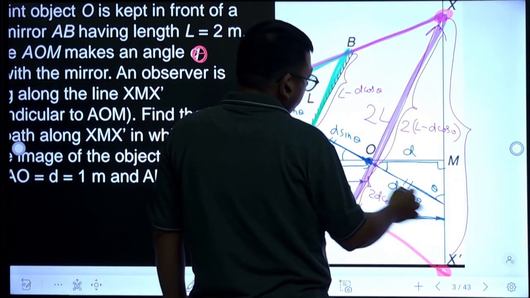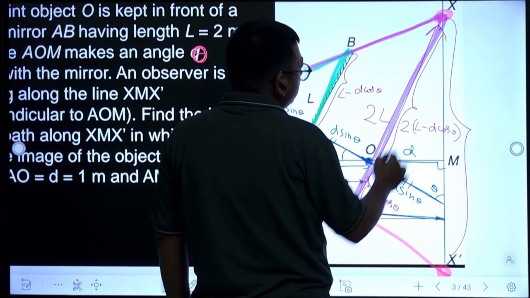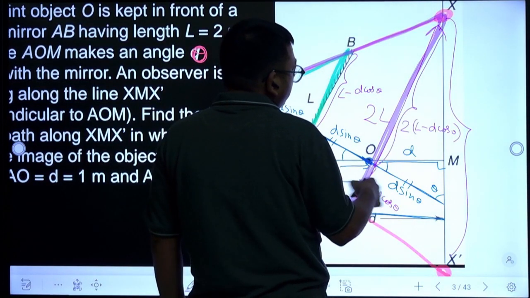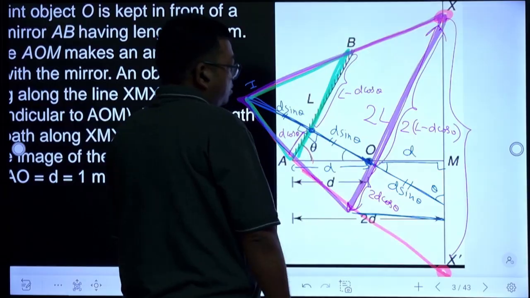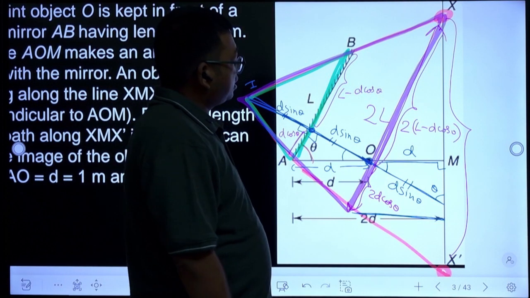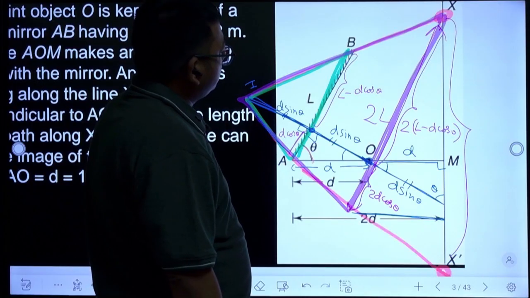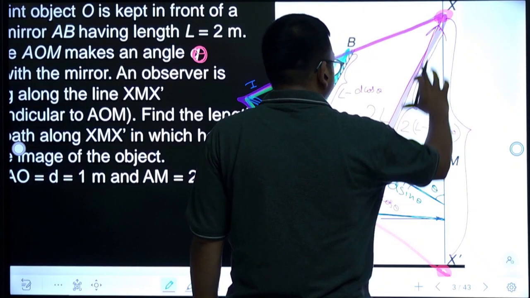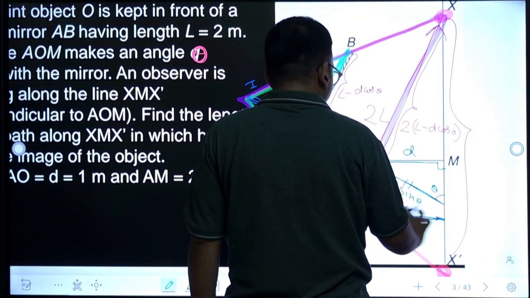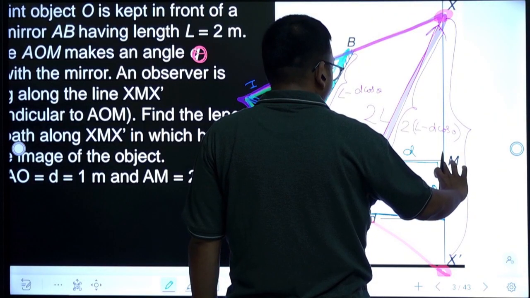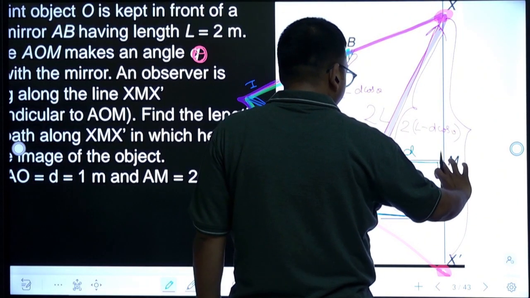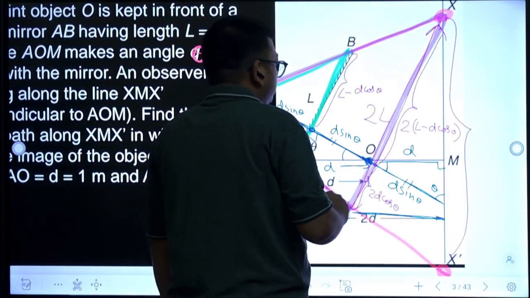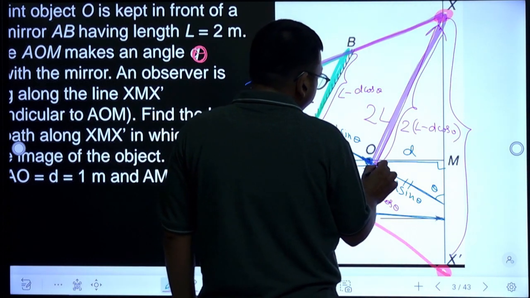Because this triangle is also going to be similar. So this by this ratio is equal to this by this. Correct? Can we calculate this length somehow? I think here this is 90 degree.